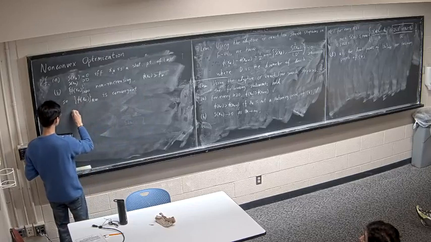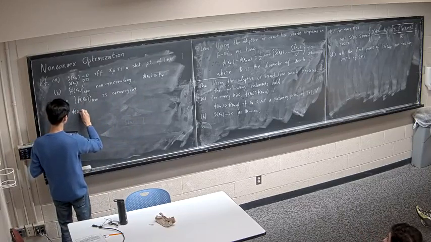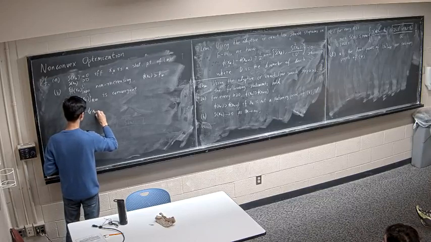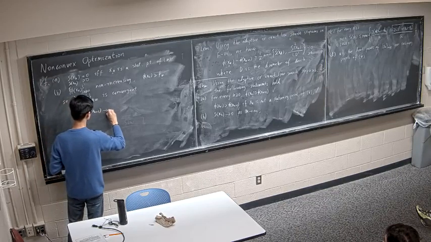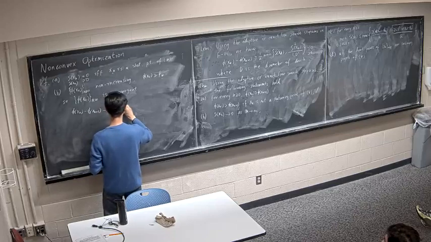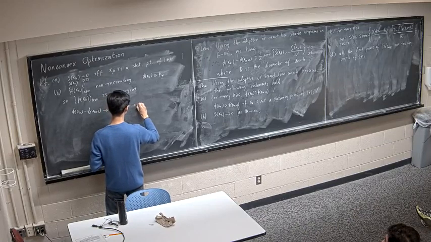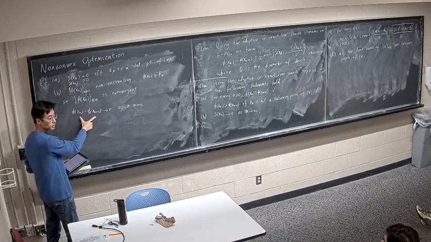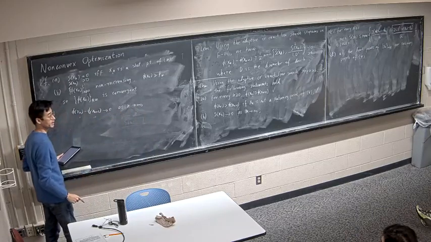And hence, because this is convergent, this difference also goes to 0 as k goes to infinity, right?